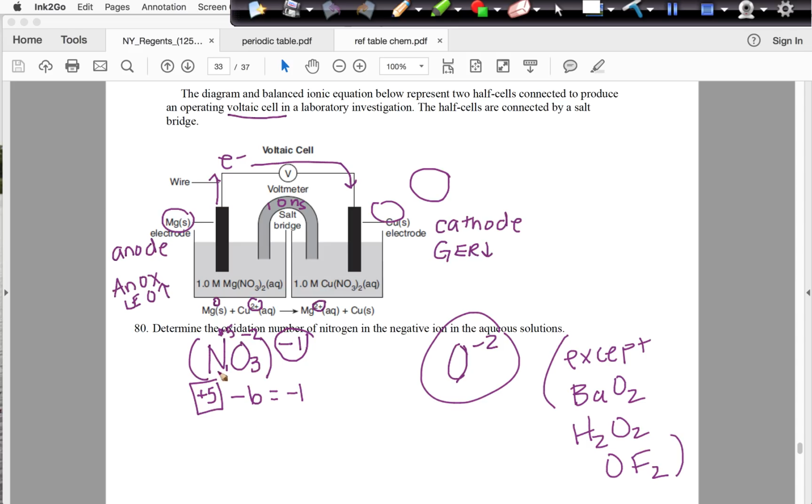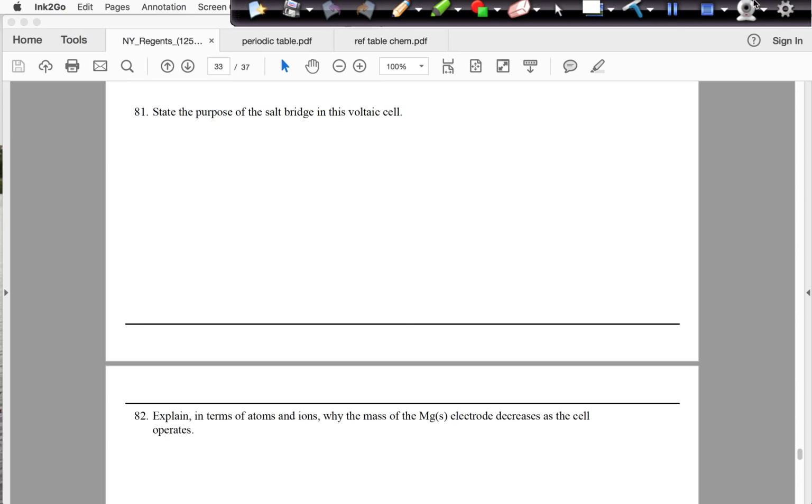So this total number down here divides by the subscript to get back up to the oxidation number at the top. Number 81 says to state the purpose of the salt bridge. We said that the salt bridge allows for the flow of ions. Ions are going to move in the salt bridge, and they're going to keep the anode compartment and the cathode compartment from becoming charged.